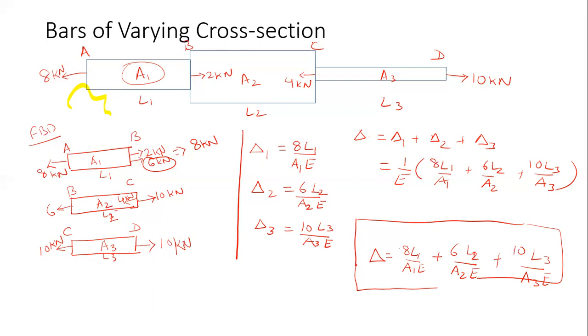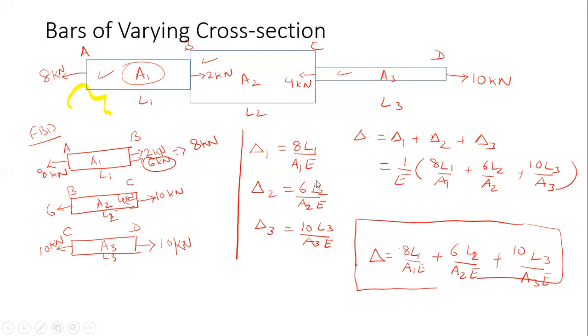So first of all, we have to draw the free body diagram, and then we have to calculate the forces that are acting on those individual elements, like this element AB, BC, CD. We calculate the total deformation of each element, then we can add up the deformation occurring in each element, so that we can find out the total deformation that has taken place in the entire body.